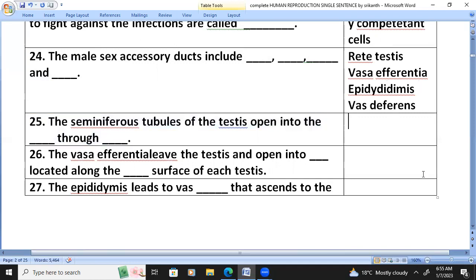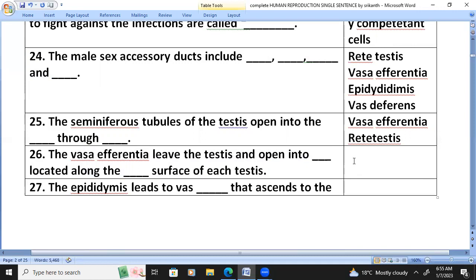Seminiferous tubules of the testes open into the vasa efferentia through rete testis. The vasa efferentia leave the testes and open into epididymis.